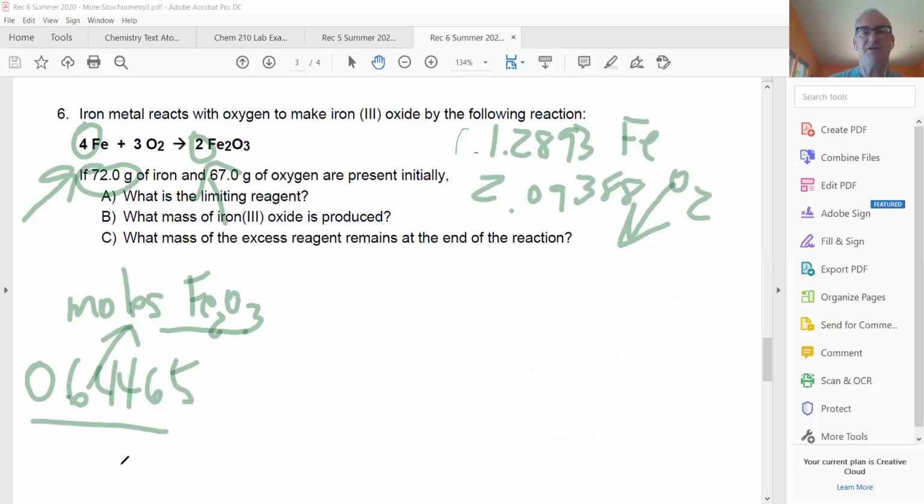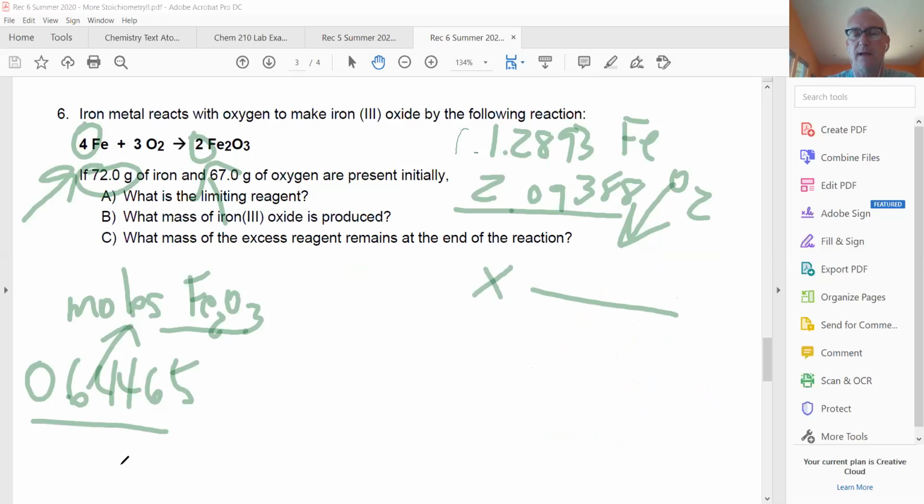Now, what if all the oxygen was converted? How much product would I get then? How do I calculate that? So my 67 grams of oxygen are this many moles. How do I convert that to product? Multiply 2/3 because of the ratio. 2/3 what?